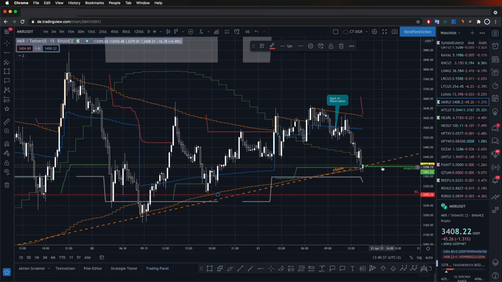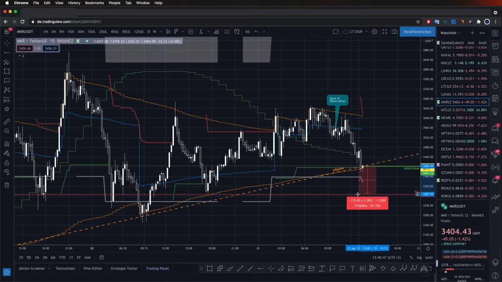I think I would lose quite something of my position now. Let me see it for a percentage. So with a X10 leverage, this would be around 35% of my position. This is not little.